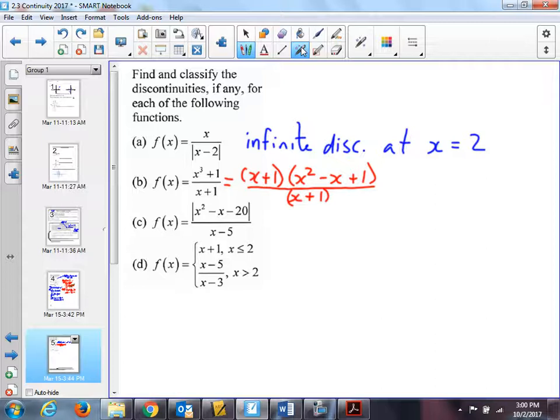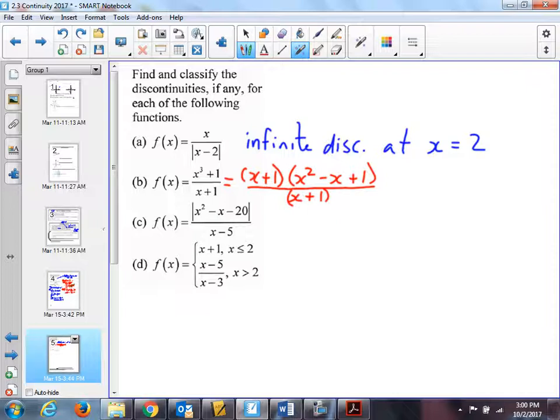Now, I'm not going to leave it crossed out. It's going to disappear. But -1 is the problem spot. When you can remove the spot from an indeterminate form, what do we call that? A hole, yeah. What's the proper name then? A removable discontinuity.